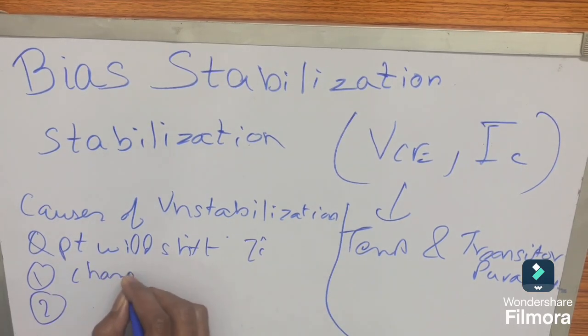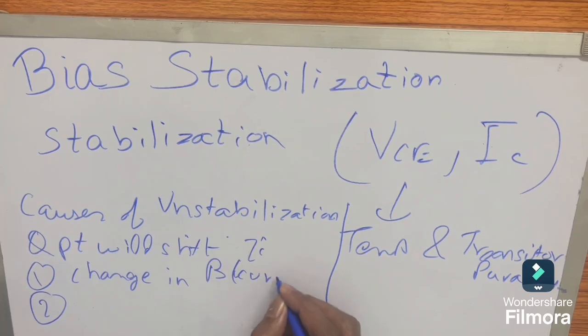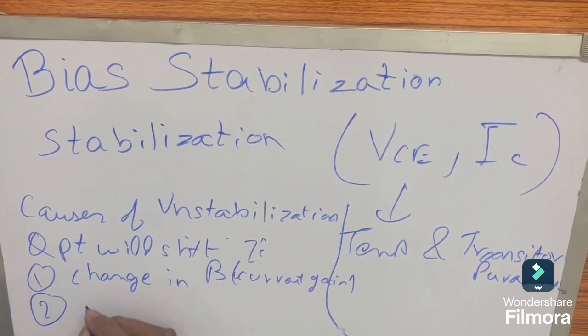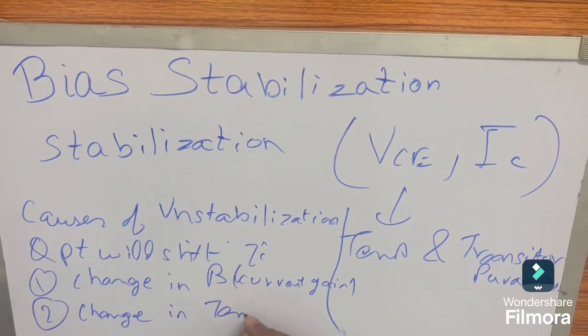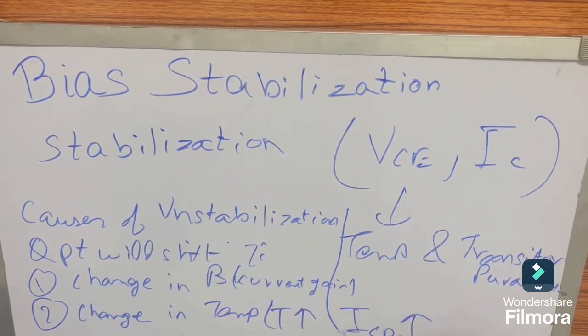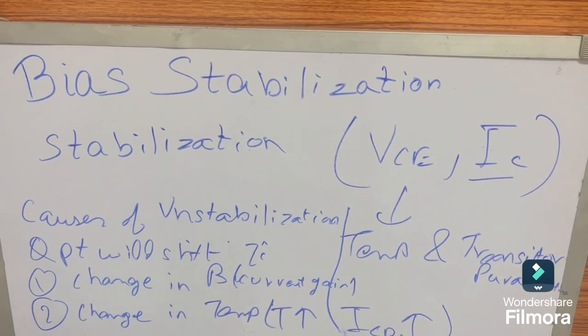First, the change in beta, which is basically the current gain, and second, change in temperature. As we can see, if temperature increases, the current ICBO will also increase. So basically the IC will increase if ICBO increases.